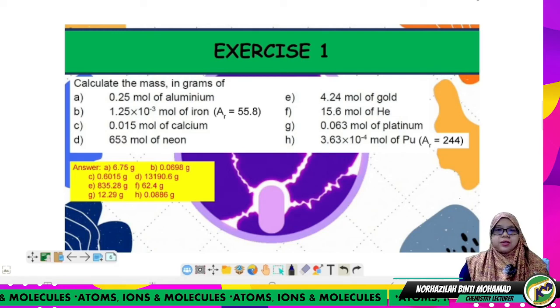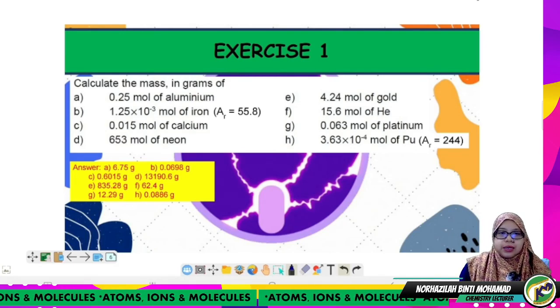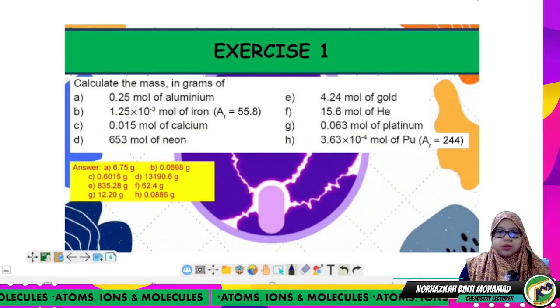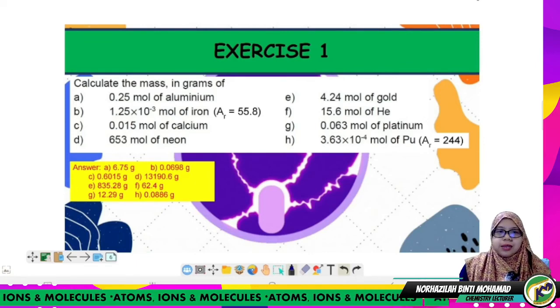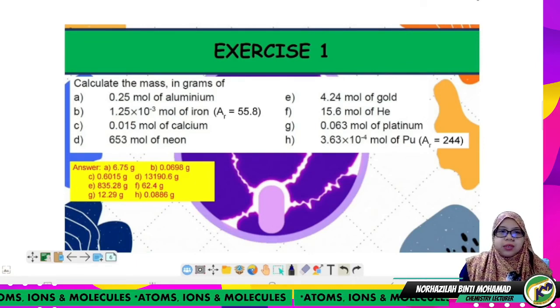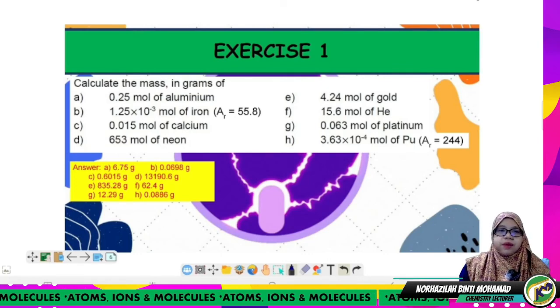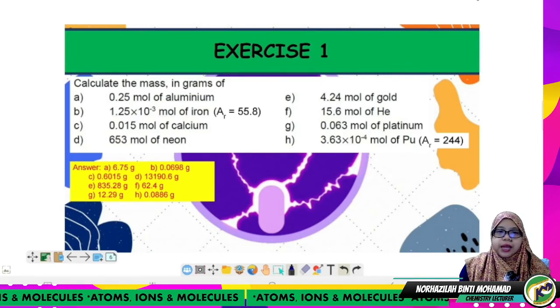So for the exercise, I want all of you to answer this question. I have given you the final answer. So what you should do is to just do a calculation and get the final answer. So for the first question, 1A, calculate the mass of 0.25 mole of aluminium. B, 1.25 exponent negative 3 mole of iron. I have given the relative atomic mass of iron, 55.8.